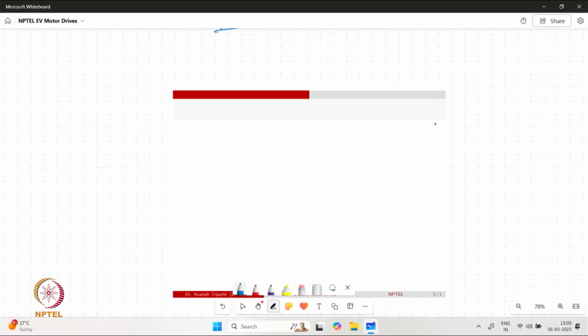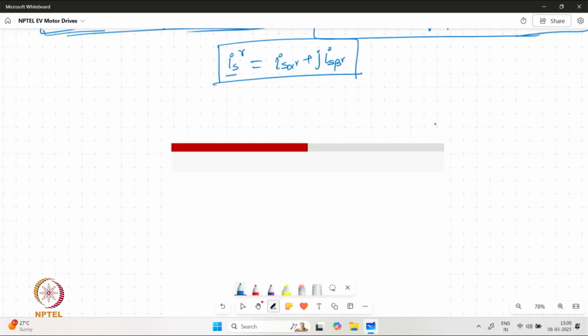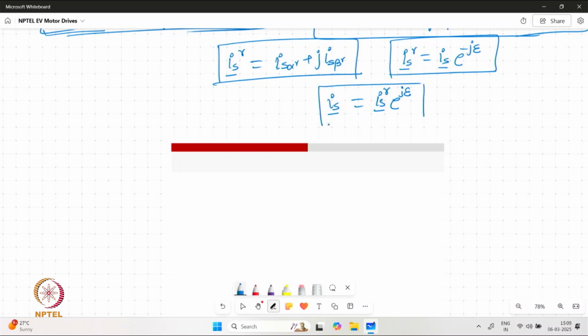Now, given that I have represented the vector IS in the rotor frame of reference, if I know the vector in its native frame of reference in this manner, I can do the reverse also, which means if I know the vector in the rotor frame of reference, I can multiply by the unit vector and get the vector in the original frame of reference. This is just an illustration of what we are doing over here.